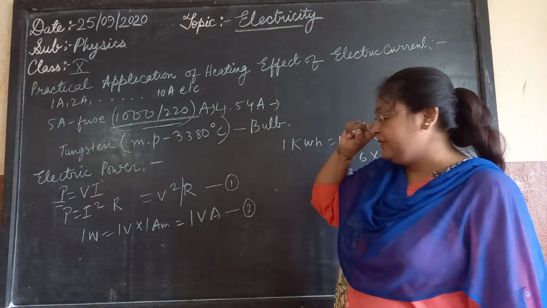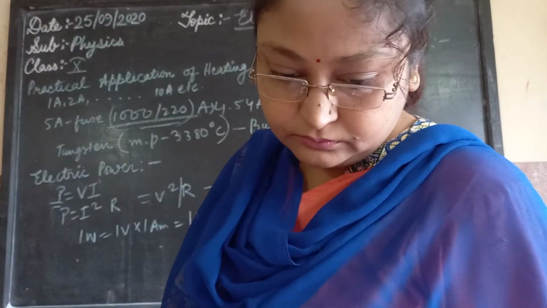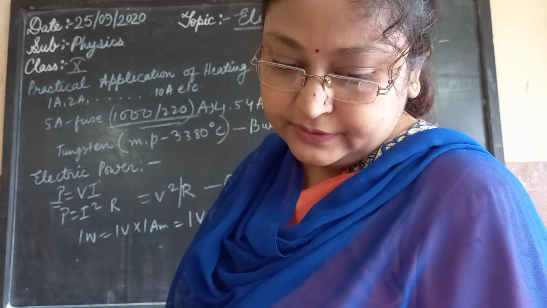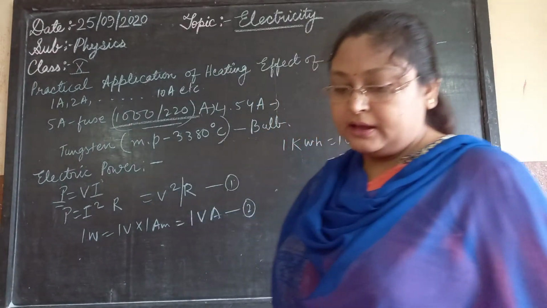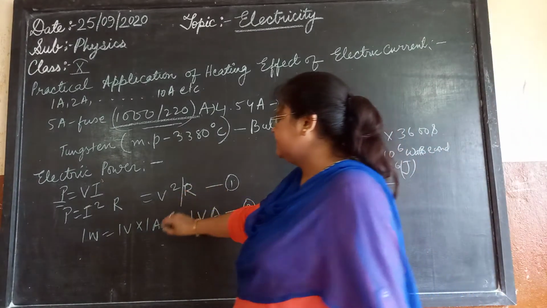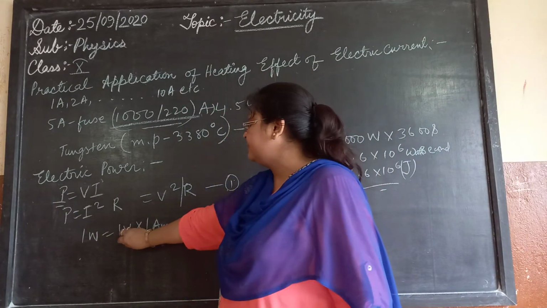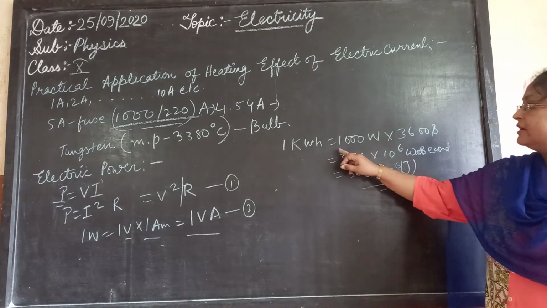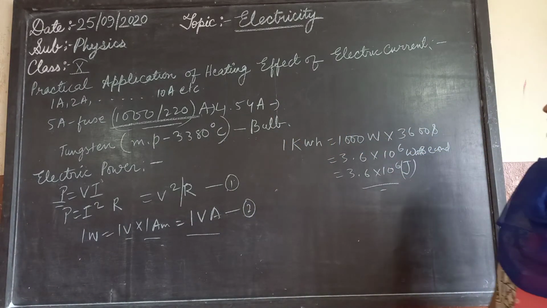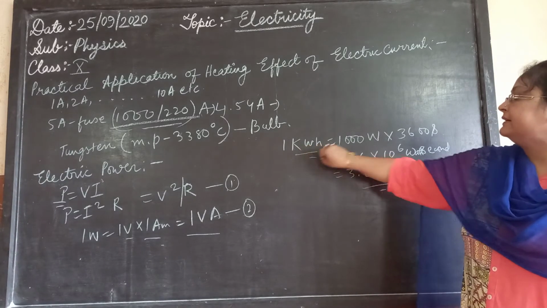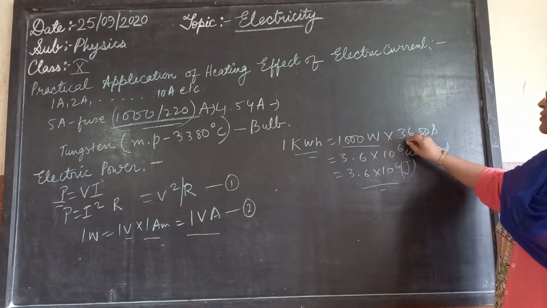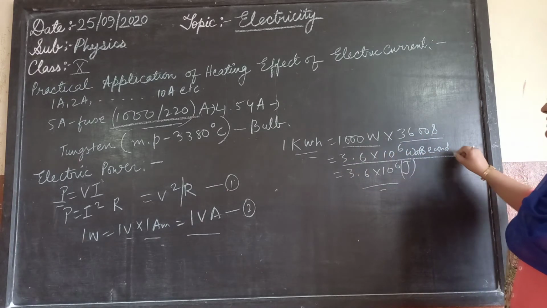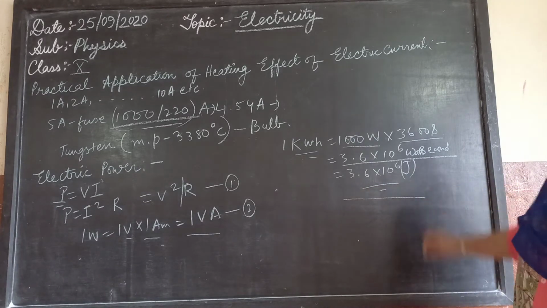The SI unit of electric power is the watt. 1 watt is 1 volt into 1 ampere, that is 1 volt-ampere, and the kilowatt hour is the unit we use for energy. 1 kilowatt hour is 1000 watt for 3600 seconds, which is equal to 3.6 into 10 power 6 joule.